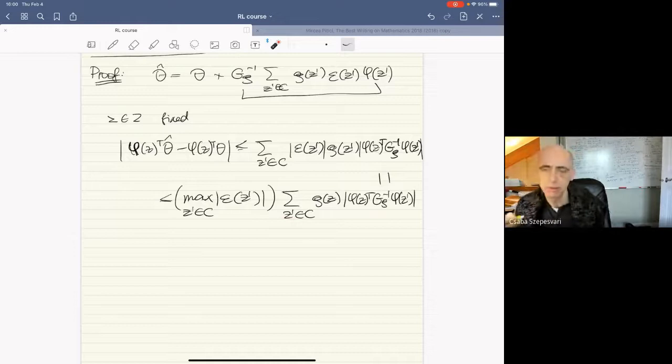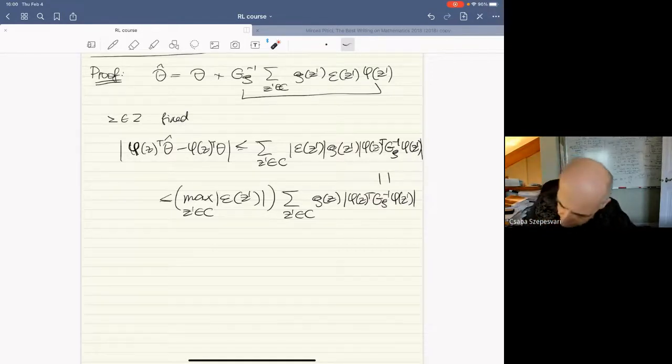So somehow we want to take advantage of this and cancel out G of rho to some degree, and then cancel out the sum, and be left with phi z transpose.